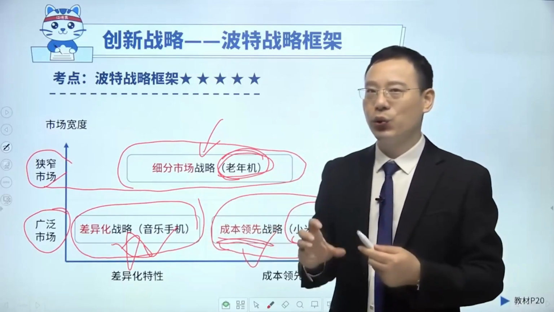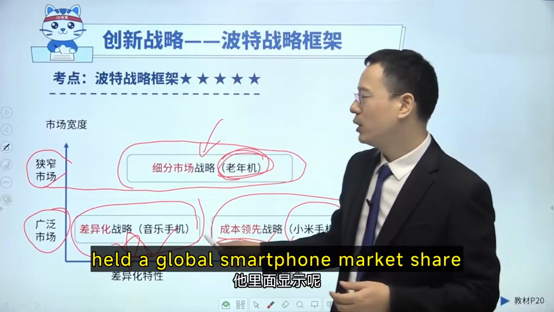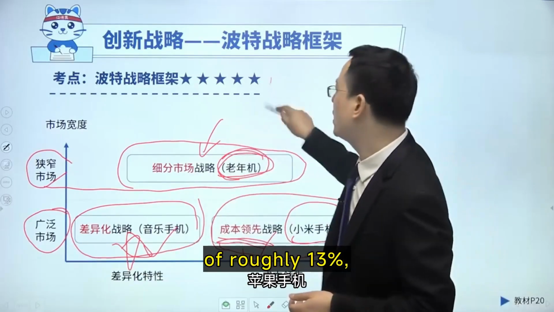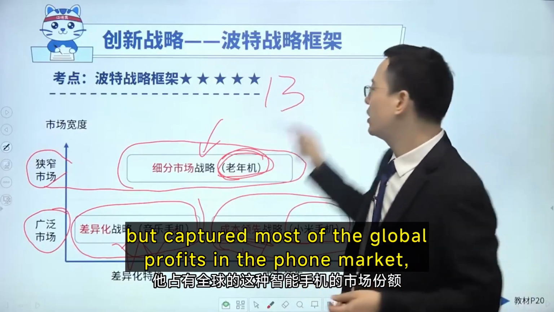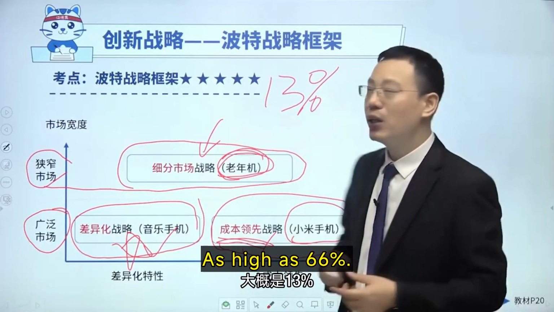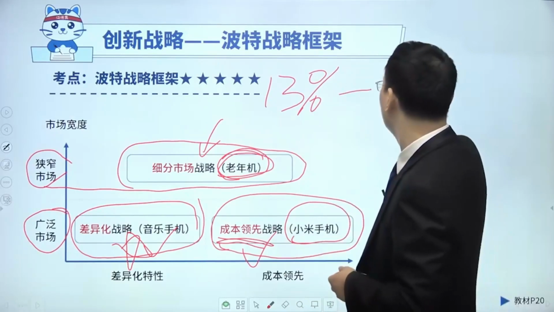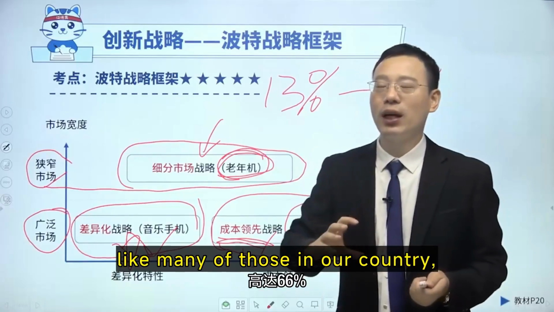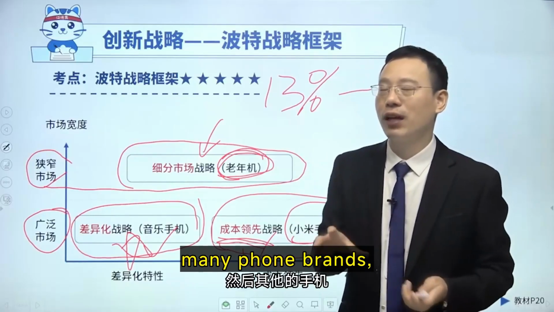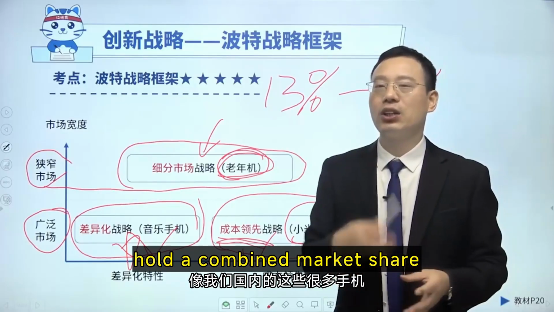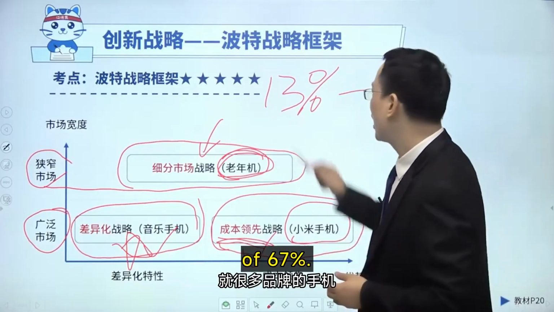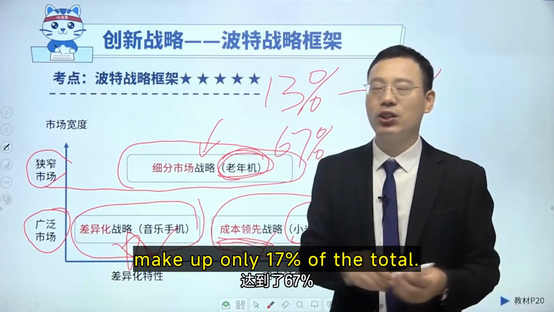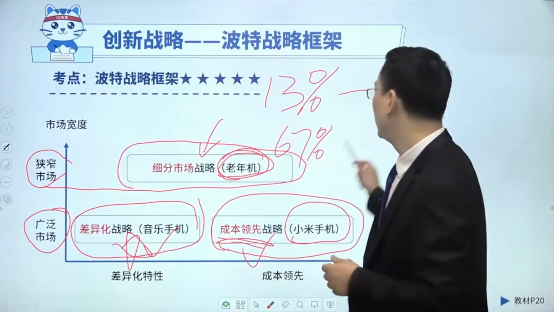The data showed it held a global smartphone market share of roughly 13%, but captured most of the global profits in the phone market, as high as 66%. As for other phones, like many of those in our country, many phone brands hold a combined market share of 67%. Yet their profits make up only 17% of the total.